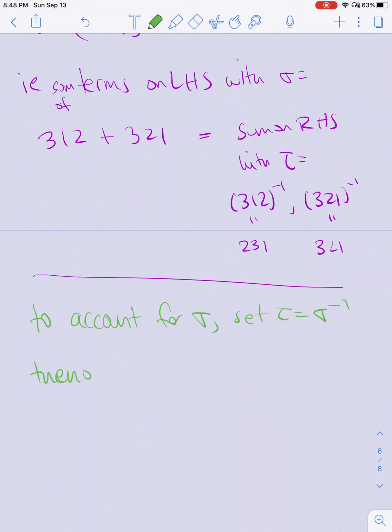Then on the right-hand side, you'll get sort of the sigma term plus some other terms.